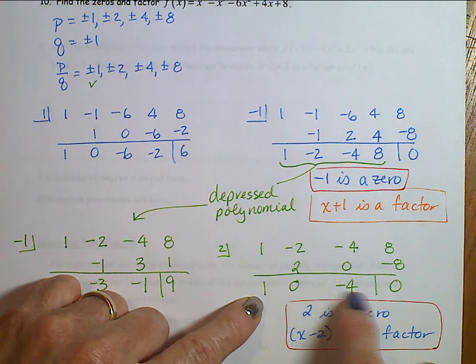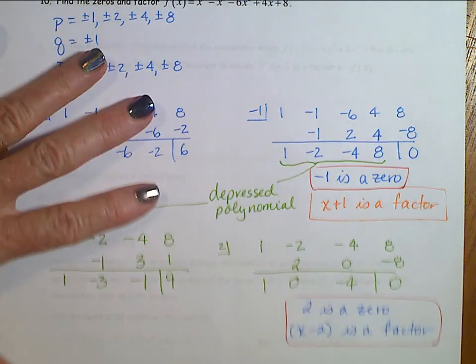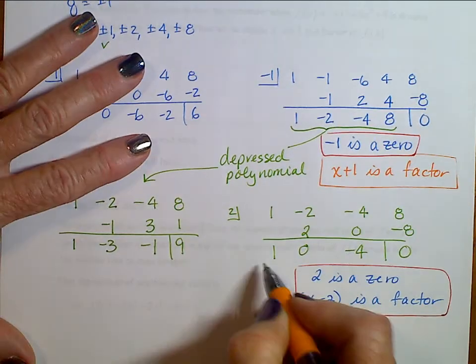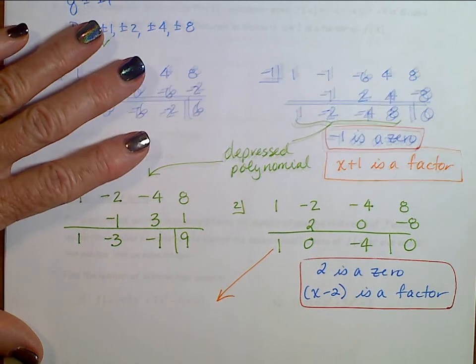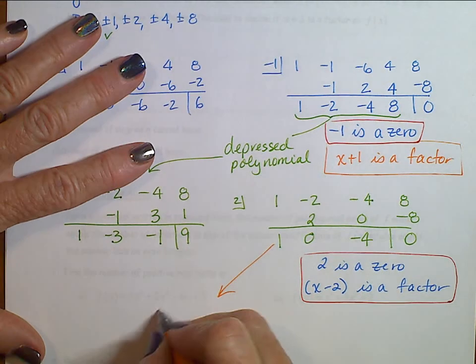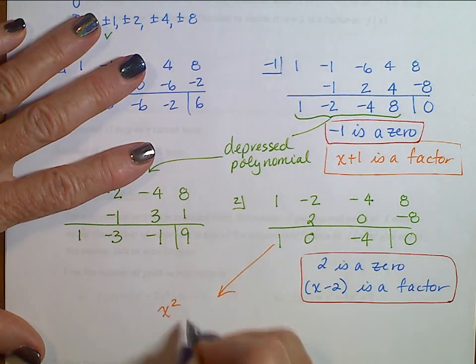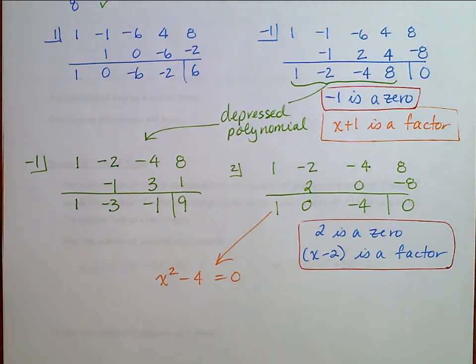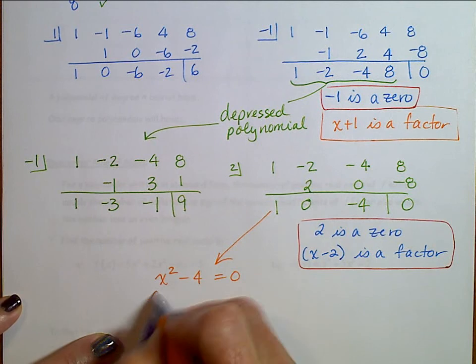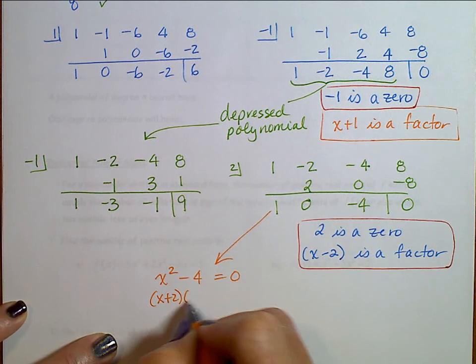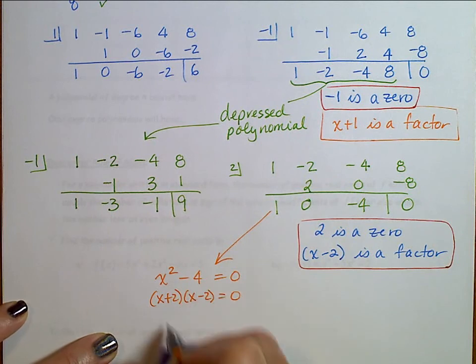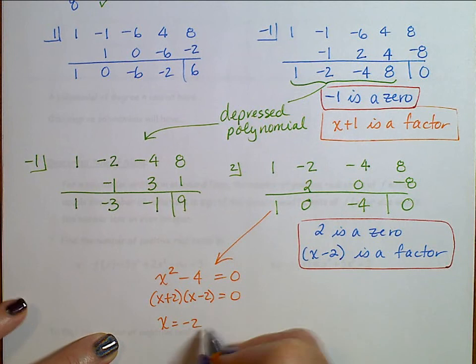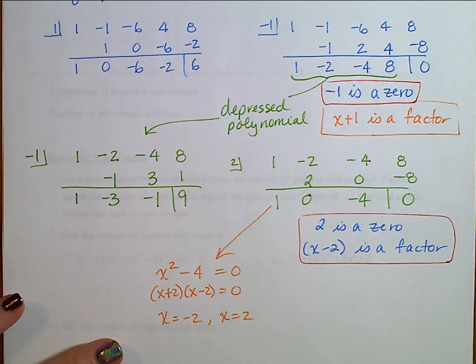Once you get down to a degree 2, a quadratic, then flip back into x's, and this gives us x squared plus 0x minus 4. Set that equal to 0 and solve like normal. This will factor into an x plus 2 times an x minus 2. We have a negative 2 and a 2 as the 2 remaining zeros.